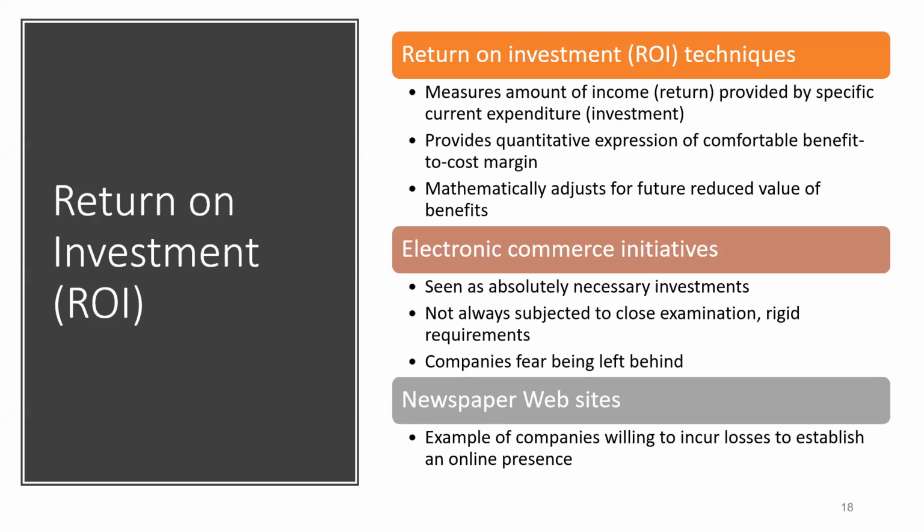So, return on investment. It determines the amount of income return provided by a specific current expenditure investment. So it's a good measure on investments. If you're going to invest in stocks, you want a company that has a higher return on investment. Coca-Cola is one of the highest return on investment companies in history.